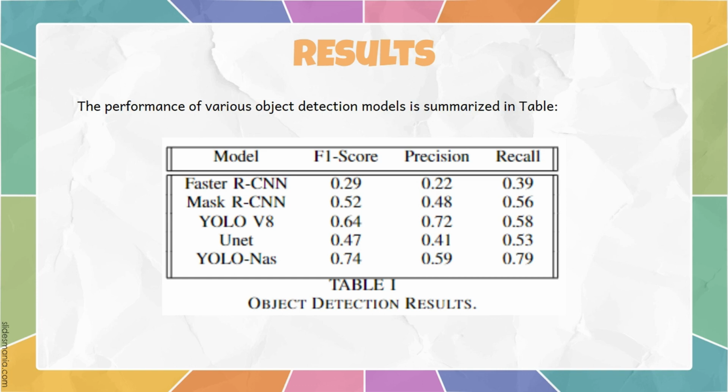The UNet model, typically known for its performance in semantic segmentation, achieved moderate results across all metrics with a precision of 0.41, an F1 score of 0.47, and a recall of 0.53.